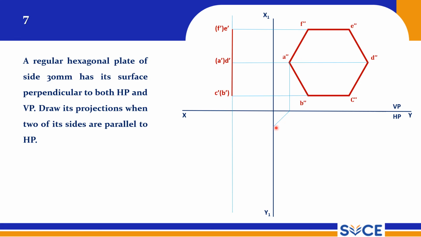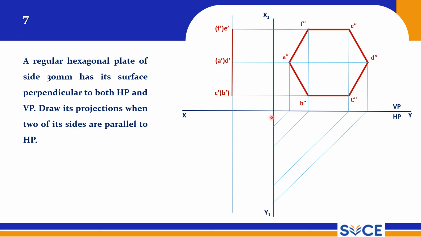Otherwise you can draw a 45-degree line here, draw all vertical lines, and from the corresponding intersecting points on this line you can draw straight horizontal lines. This is another way to do it. It is easy, and you can complete it very easily.